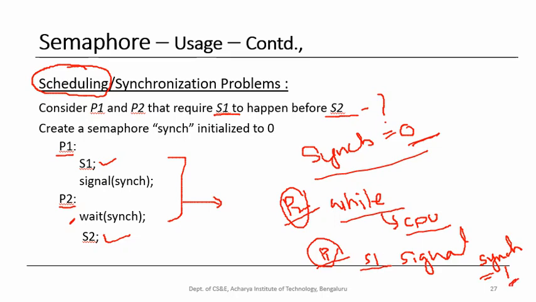Now if this process P2 is scheduled for execution again, it executes this while loop, and inside the while loop it sees the value of this semaphore as 1, which is greater than 0. Therefore it will simply make this value 0 and go into the next line, and S2 gets executed. That's how you can force the execution sequence of statements of different processes with the help of a semaphore.